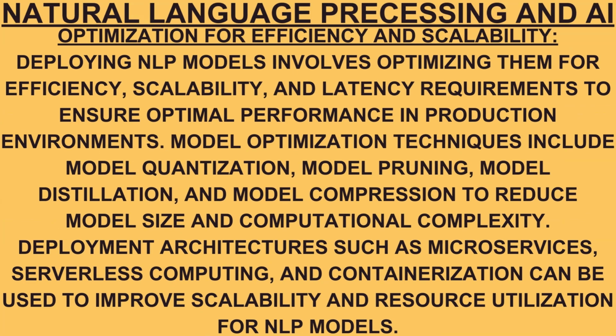Optimization for efficiency and scalability. Deploying natural language processing models involves optimizing them for efficiency, scalability, and latency requirements to ensure optimal performance in production environments. Model optimization techniques include model quantization, model pruning, model distillation, and model compression to reduce model size and computational complexity.